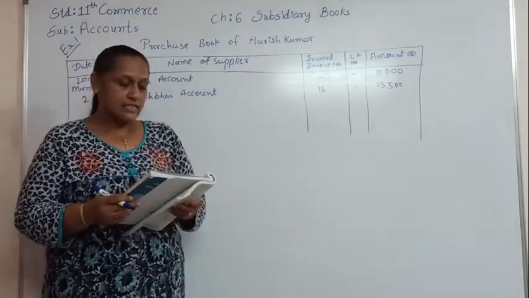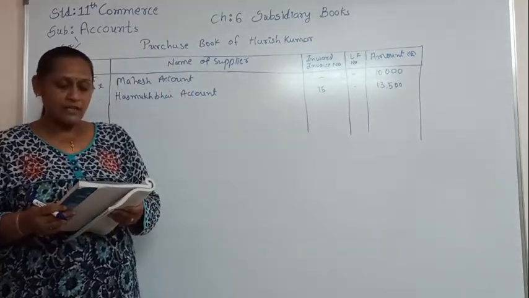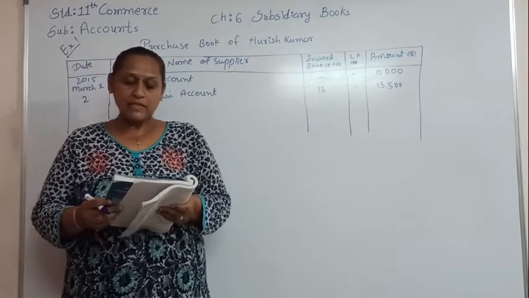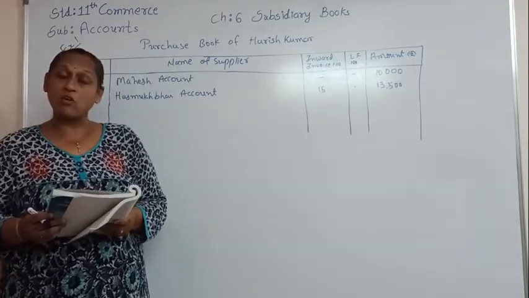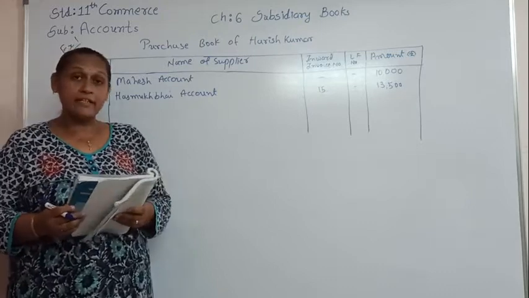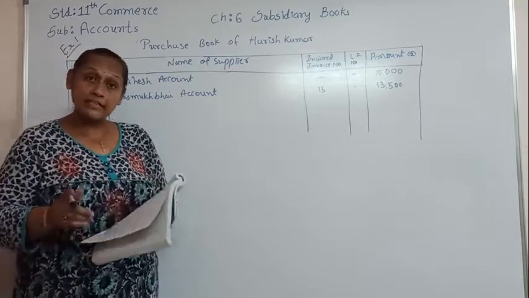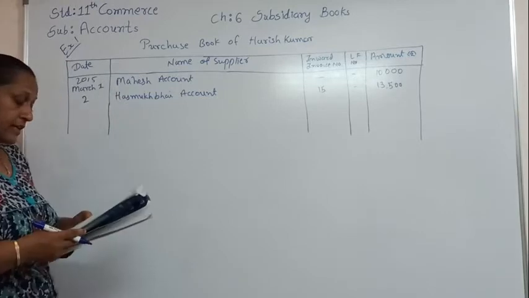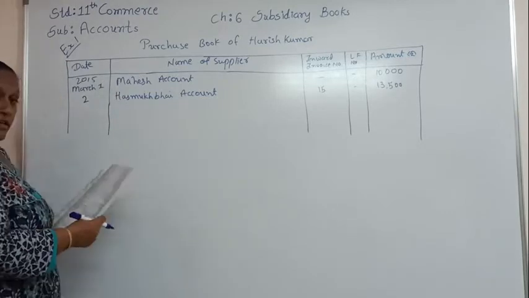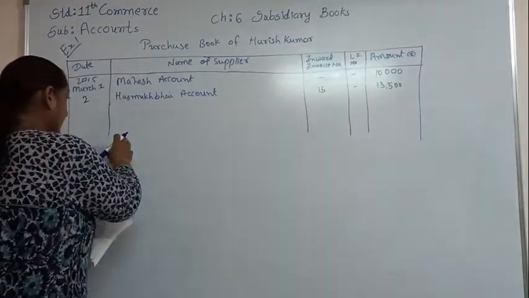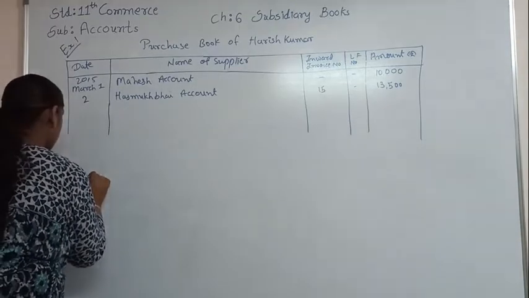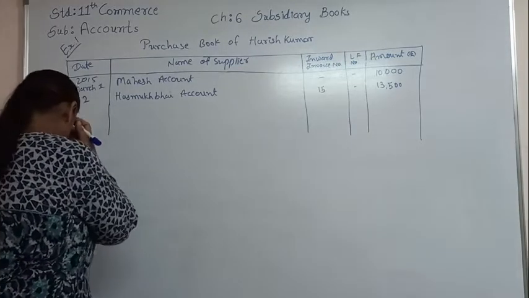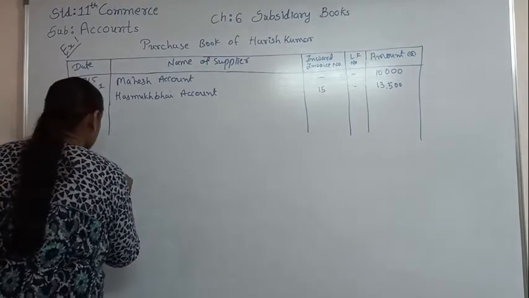Next is, on 6th date, goods of rupees 8,000 purchased from Manish for cash. So this is a cash transaction, and cash transaction we are not recording in the credit book. So cash transaction will be recorded in the cash book, that we are going to write here after the end of the sum. We'll write on date number 6, cash.